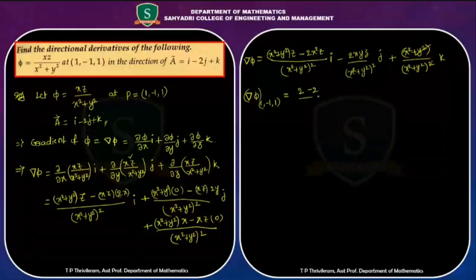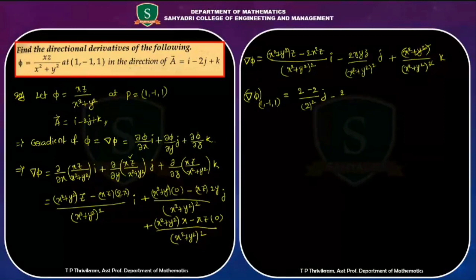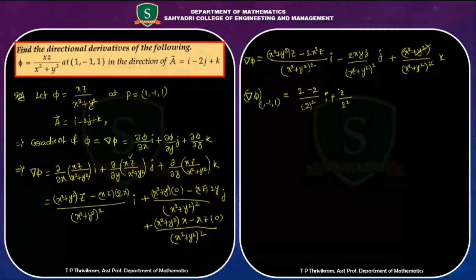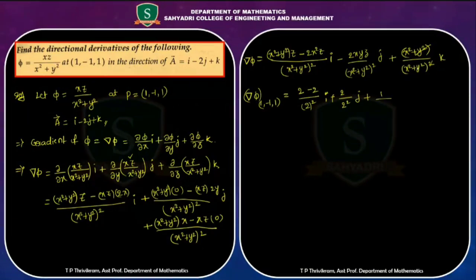So you'll get 2 divided by 1 square plus (-1) square, that means 2 square, so 2 whole square, into i. Next, minus 2 into 1 into (-1) into 1, so I'll get minus 2, minus 2 into this, so I'll get plus 2 divided by 1 plus 1, that means 2 square, into j. And for the last term, 1 by 1 square plus (-1) square, so I'll get 2, into k.